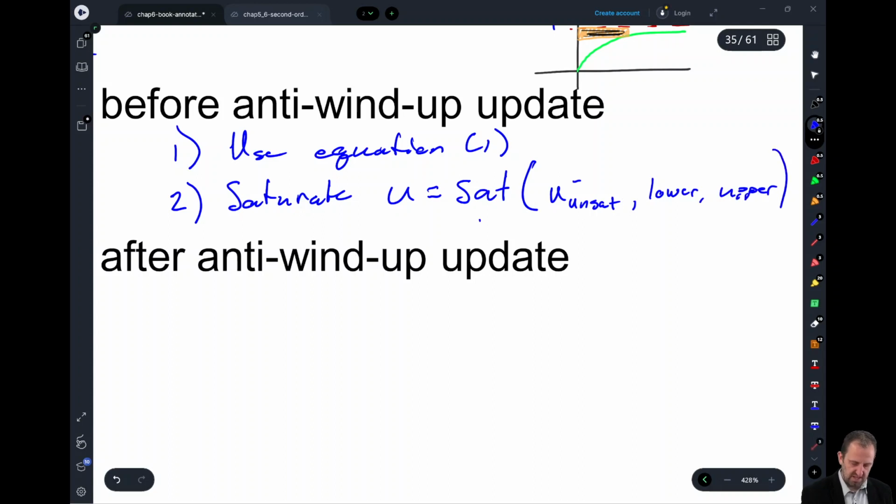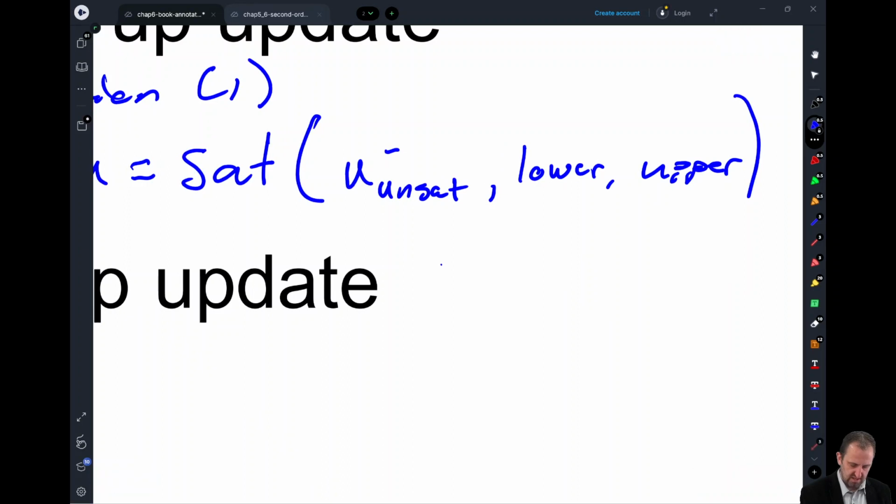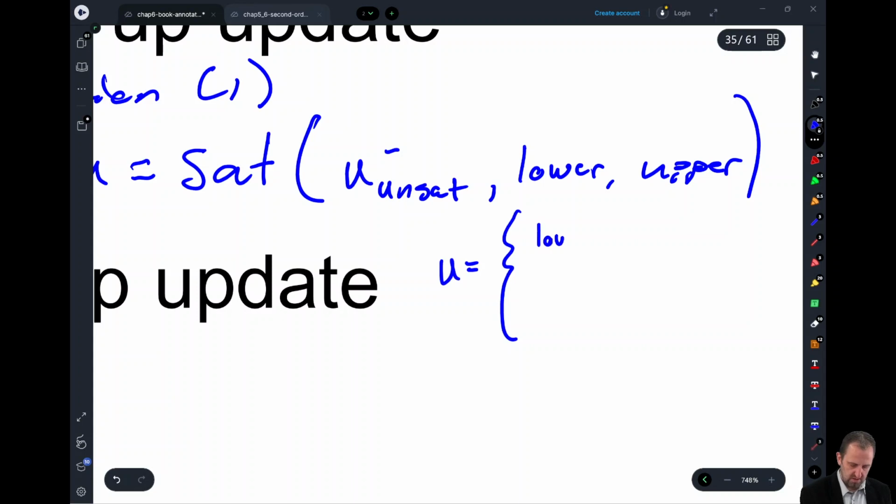What this function does is just a case statement. U is going to be equal to the lower bound if U unsat minus is less than the lower bound.